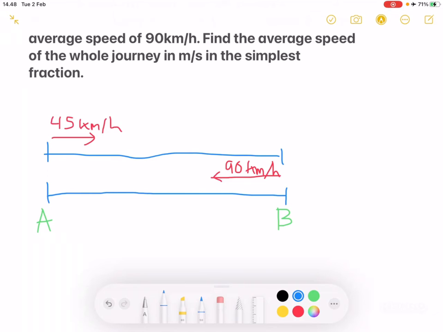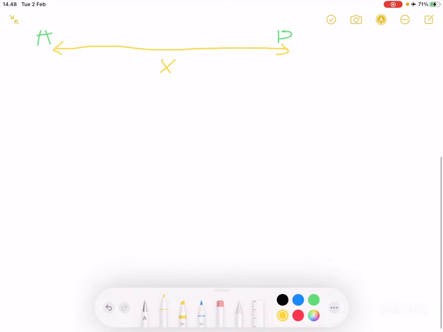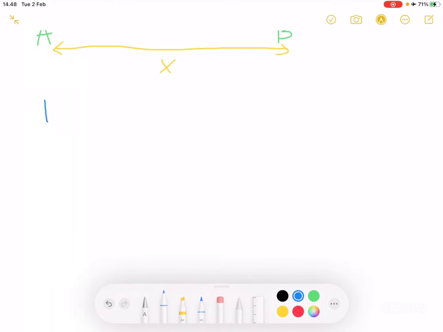So what we'll do, we can just create a number or a variable. Let's just call it x. So x will be the distance between point A and point B. With this information, we can calculate the total distance and the total time for this journey.